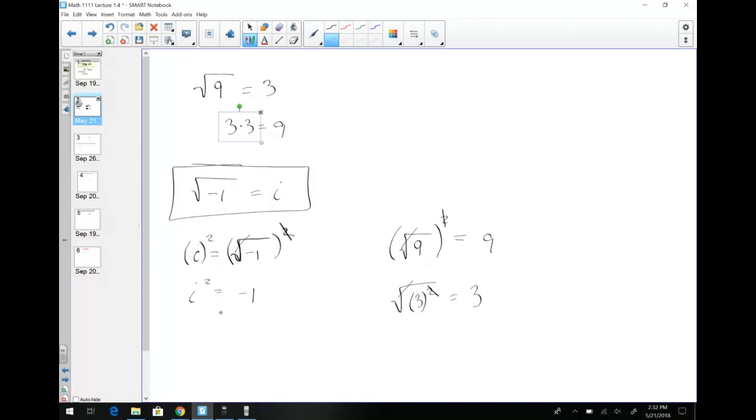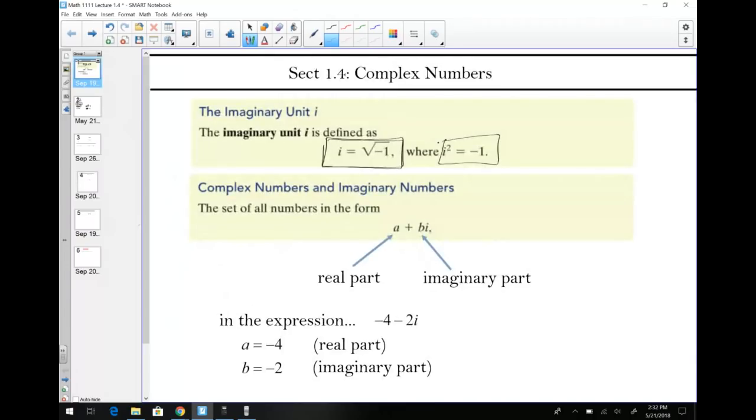All right, knowing this, let's look at the other part. It says complex numbers and imaginary numbers. We've got something called a complex number and an imaginary number. We do have a complex plane.